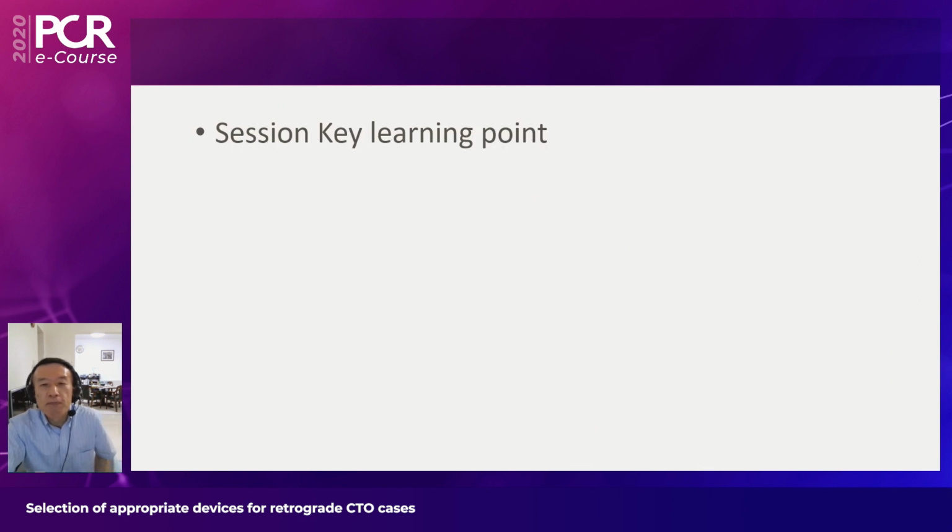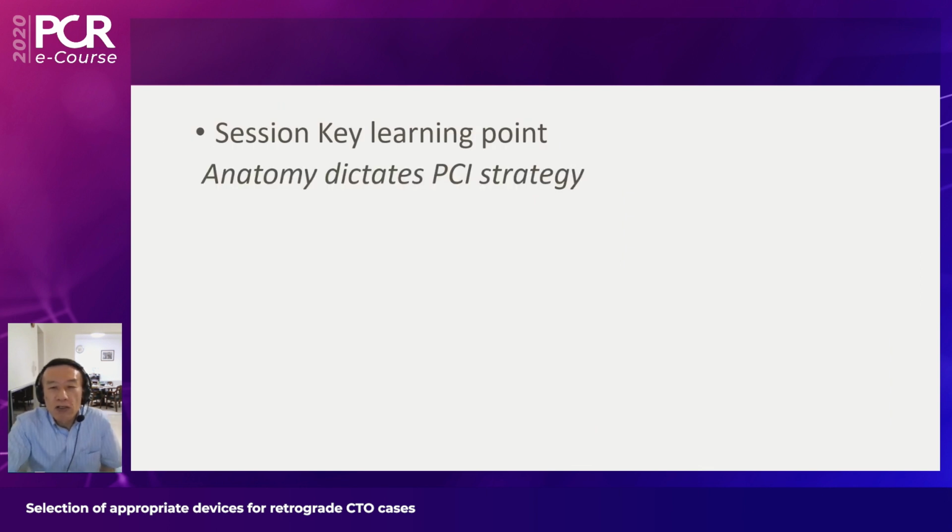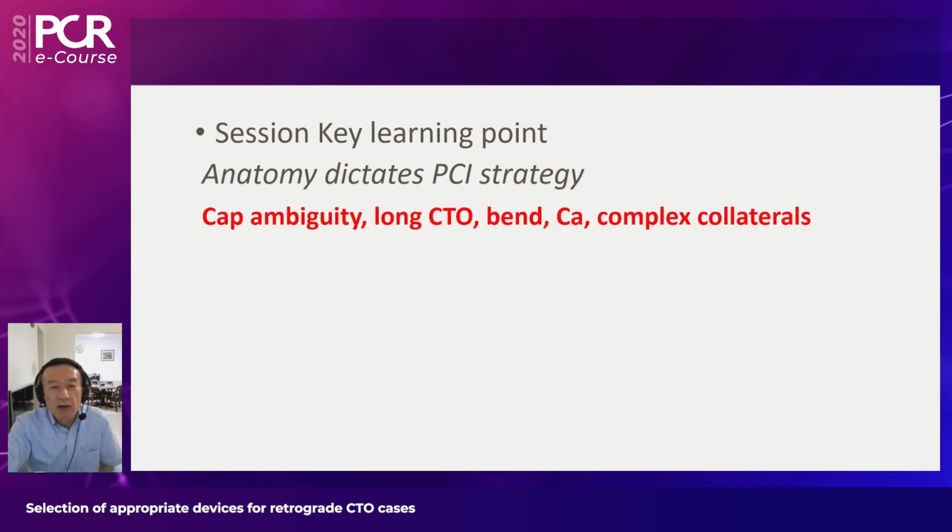So overall, the key point: anatomy dictates the CTO PCI strategy. This goes for every experienced operator as well. The problem remains with regard to the proximal cap and distal cap ambiguity, long CTO, bending, calcification, and complex collaterals, which remain very big issues for all of us operators.